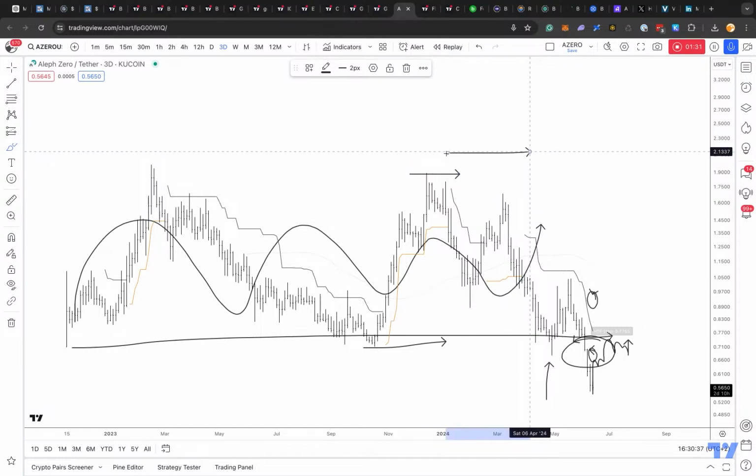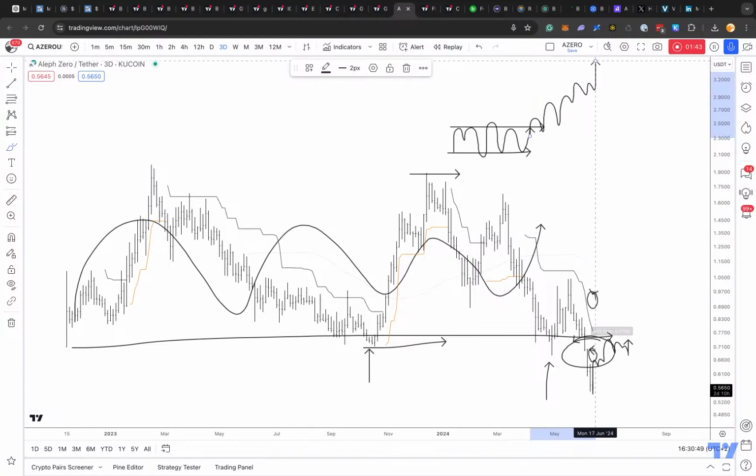In fact, after some time in the deeper region of the bull market, this massive consolidation, as it seems right now, well, it all depends on the context, because later the market continued higher. This gigantic consolidation was just squeezed to almost invisible pieces. So that might be the case of AZERO.